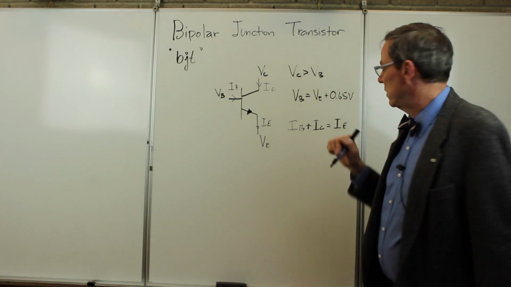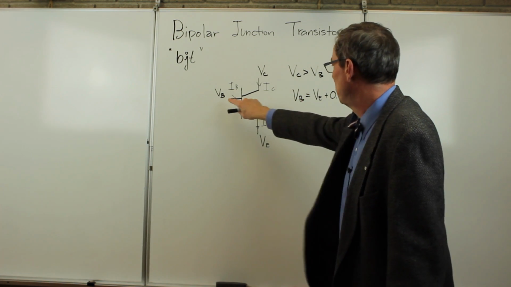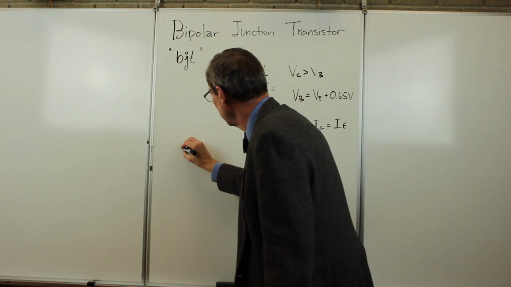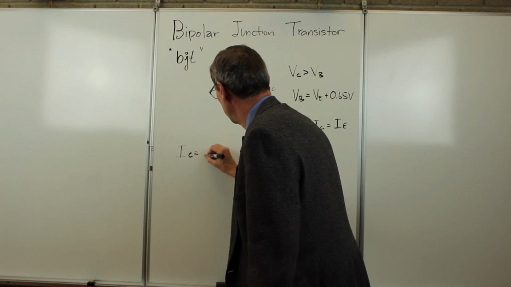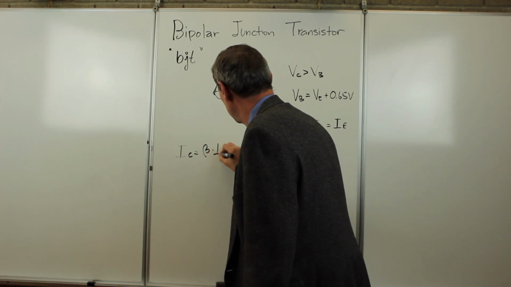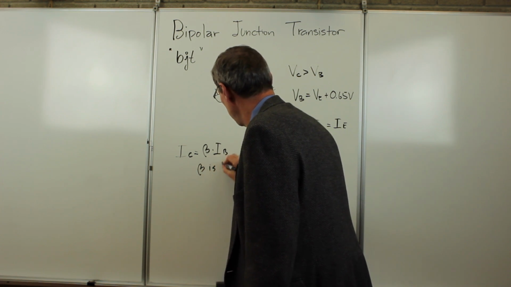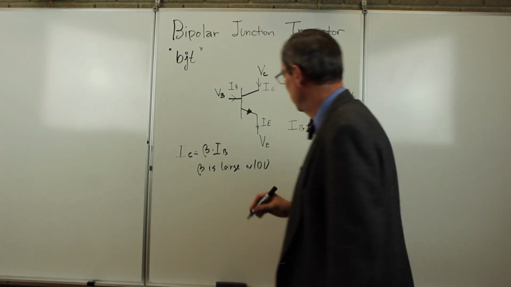One other thing happens. If we have biased the transistor in this way, then there is a relationship between the base current and the collector current such that the collector current is some approximately constant beta times the base current, where beta is a large number, say on the order of 100 or so.